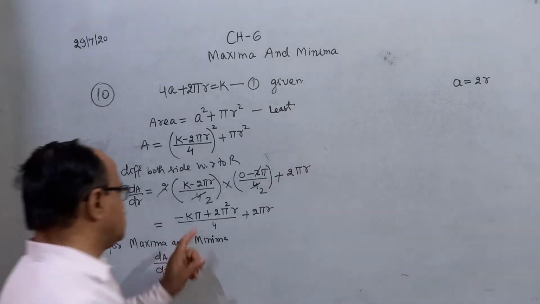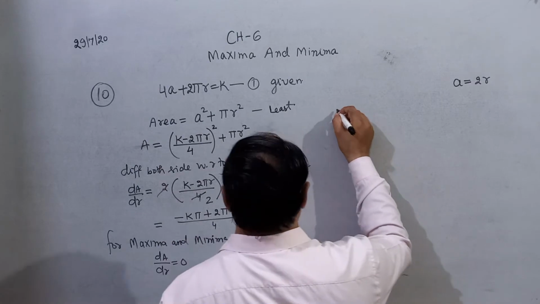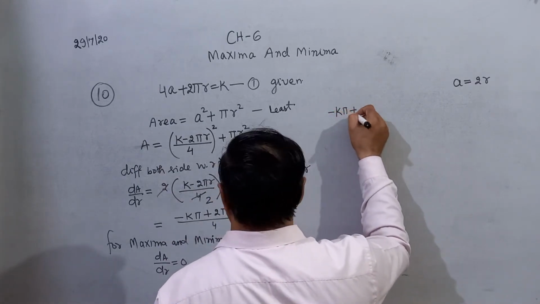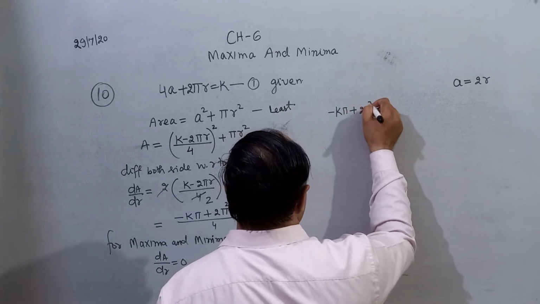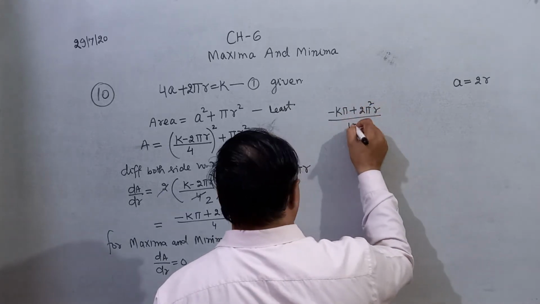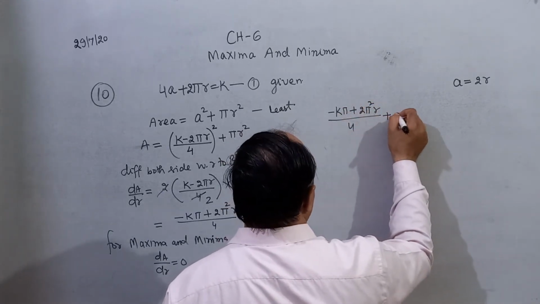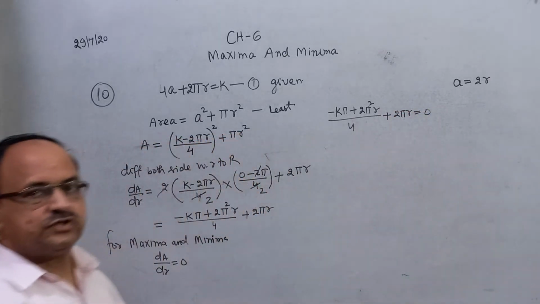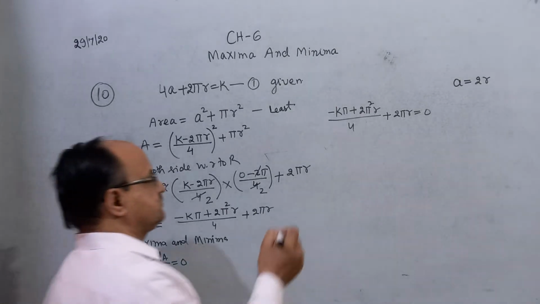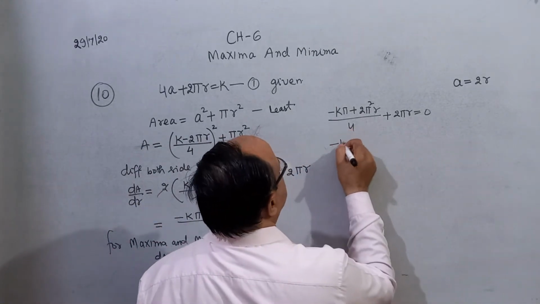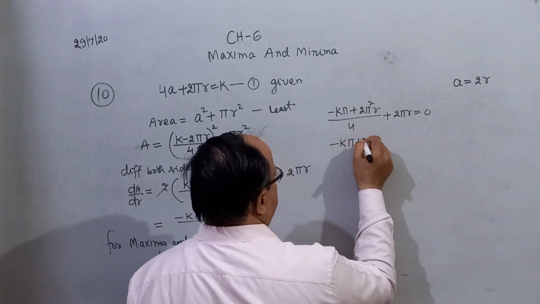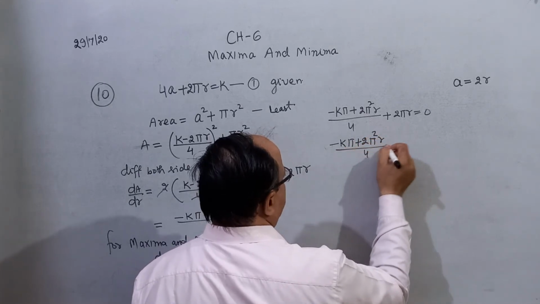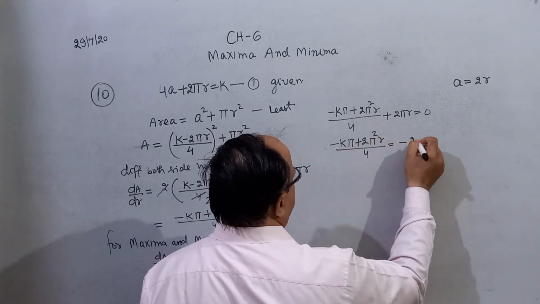When you put this equal to 0, then minus k pi plus 2 pi square r upon 4 plus 2 pi r is equal to 0. Therefore minus k pi plus 2 pi square r by 4 is equal to minus 2 pi r.